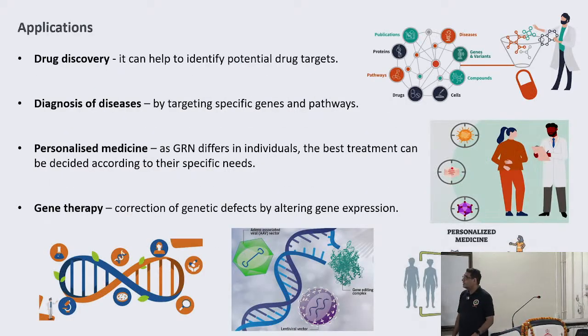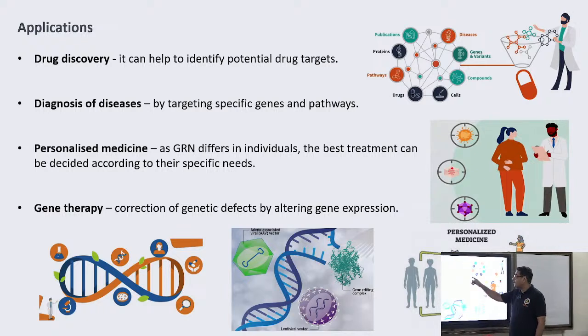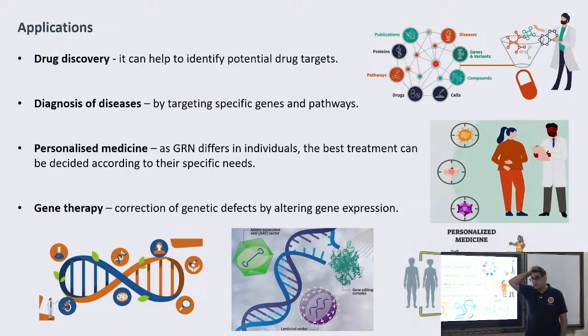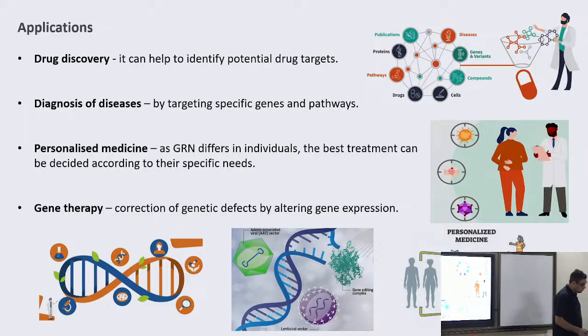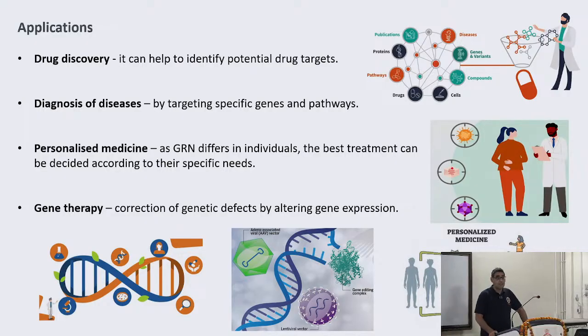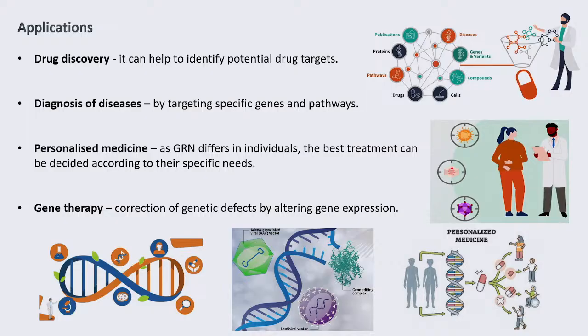Applications, you can see drug discovery, potential drug targets you can identify through gene network. Also diagnosis by targeting specific genes and pathways. You can also think about it that okay, specific network you identify, and if this network is available through the marker, like you see biological markers, there is a lot of studies happening on biological markers, but how these markers are connected, how they are expressed, you can see that, and many marker based tests are available in the market.